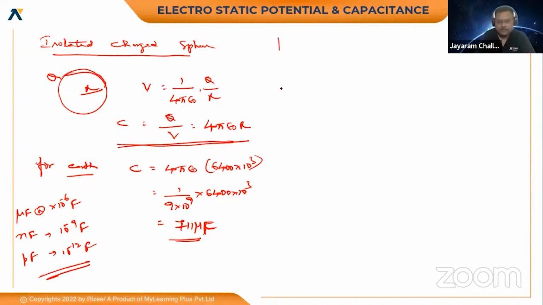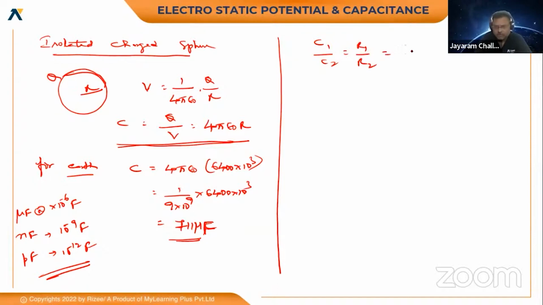Now from this spherical capacitor, we can say that C1 by C2 is equal to R1 by R2, and C is proportional to the charge, Q1 by Q2. This is one of the most important relationships, so I am writing it here.